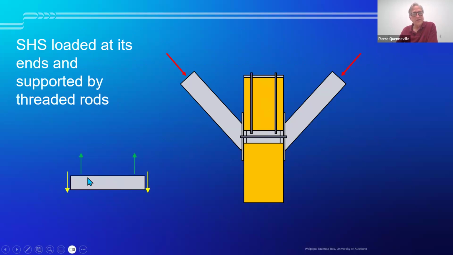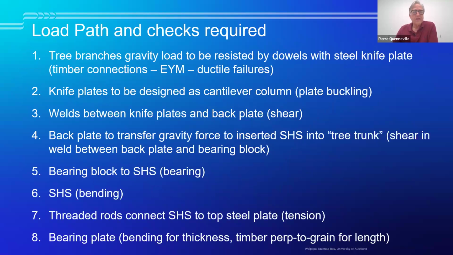We needed to make sure that the SHS was of the right size, right thickness to be able to resist this bending without significant deformation. Deformations were very critical. The entire strategy to go this way was to have a concealed connection that would prevent splitting in the arch glulam member.